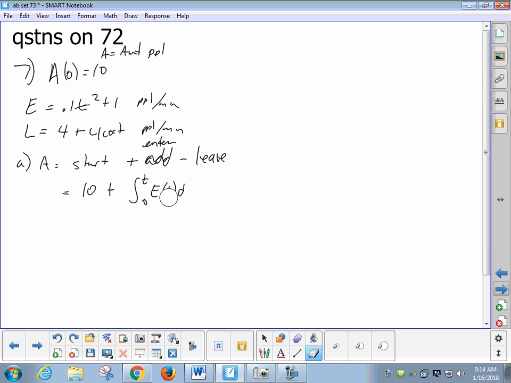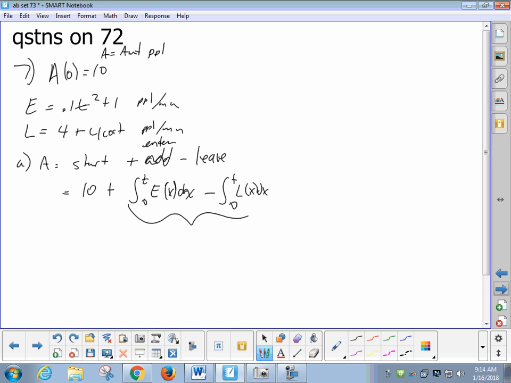I'm going to need a dummy variable, so I'll call it X. Minus leave would be the same idea, L of X dx. You could definitely put those together into one integral and call it E minus L. Either one of those is fine, you do not need both.